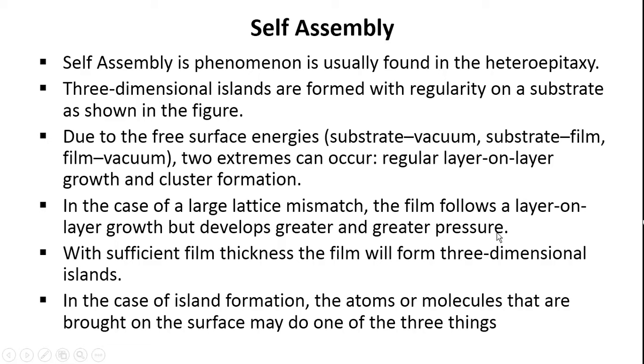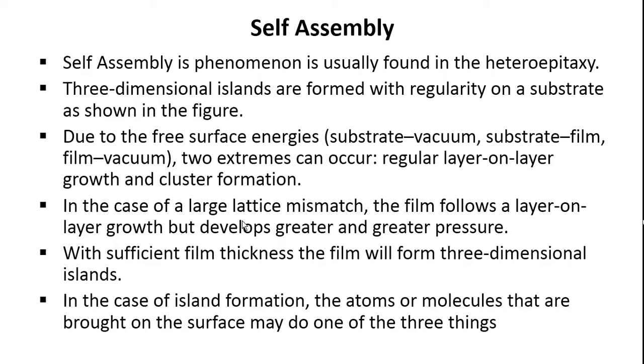So usually in lattice mismatch, when the material lattice structures are mismatched, the film that is produced by self-assembly has a layer-by-layer growth, which develops greater and greater pressure. So layer-on-layer growth may occur, and the pressure will also occur upon this cluster formation or this layer-on-layer growth.